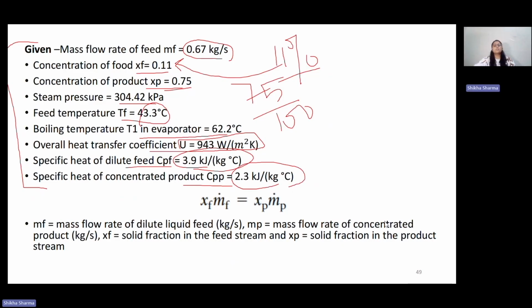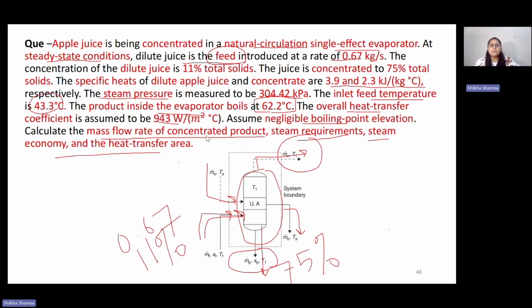So this question is basically based on the overall mass balance and the heat transfer balance. First we need to calculate the mass flow rate of the concentrated product, which is MP.